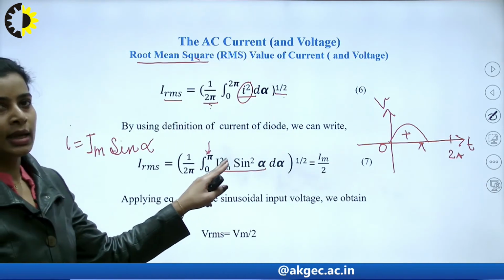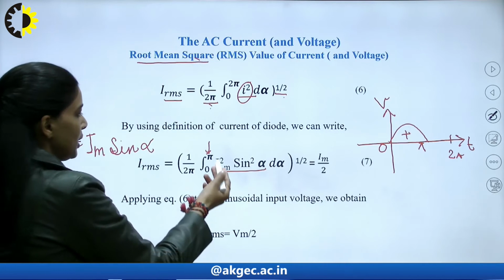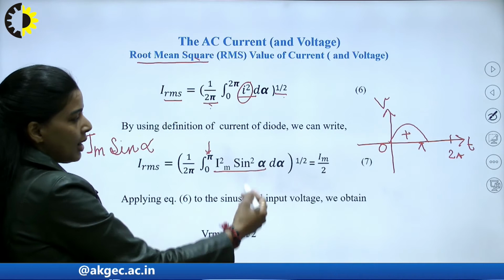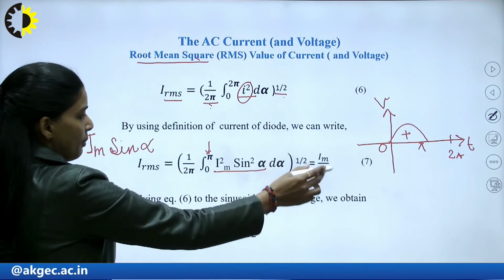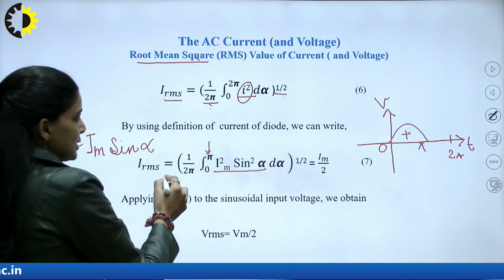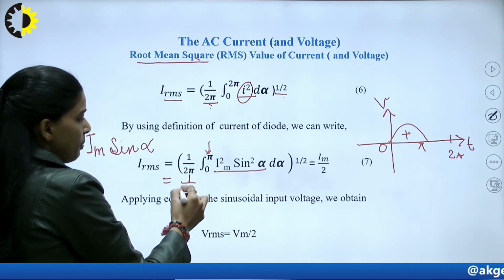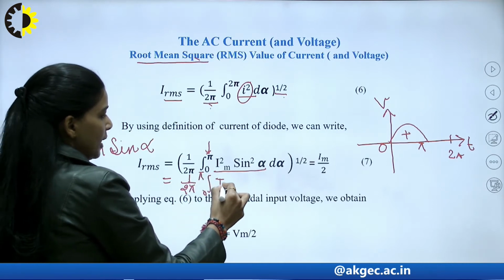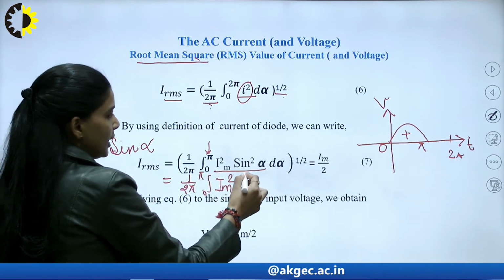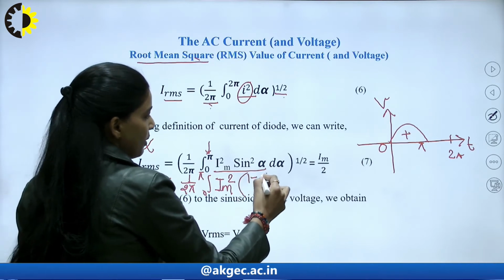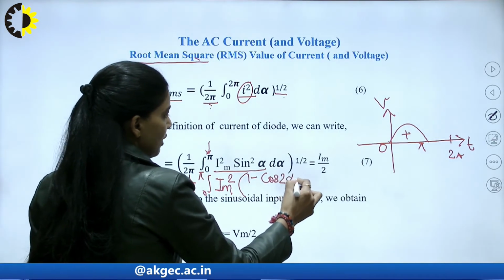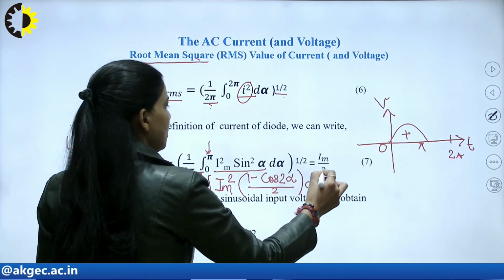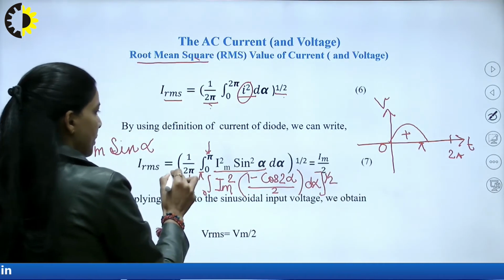For pi to 2 pi it is 0. So, I have made the limit 1 upon 2 pi, 0 to pi, Im square sin square alpha d alpha, whole raised to 1 by 2. We can simplify it as 1 upon 2 pi, 0 to pi, Im square, and we can write sin square alpha as 1 minus cos 2 alpha by 2, d alpha, whole raised to the power 1 by 2.